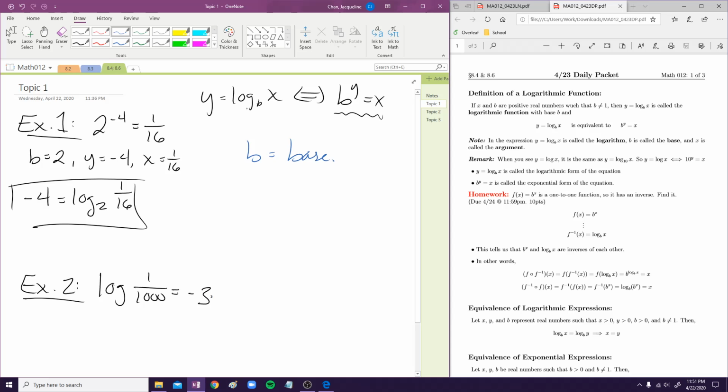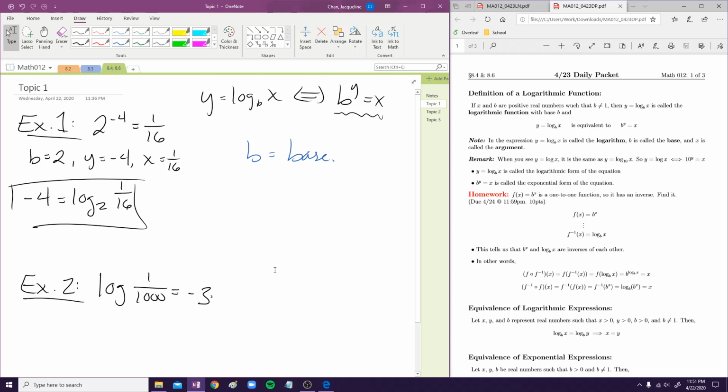If you remember where the bases are, then that's most of it. And then how do I remember the y and the x? I just know that they get flipped. Instead of y equals, it's going to become x equals. Hopefully that helps. If not, I think the best way to learn this is to just do a bunch of examples.